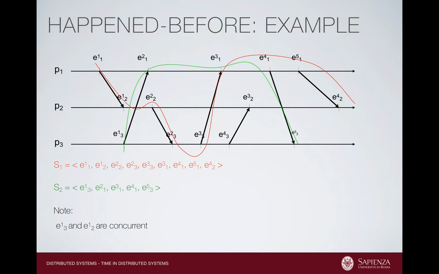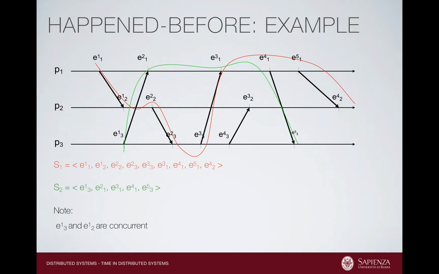You can see that we draw two lines, the red one and the green one, and every event on the red line is connected by a happened before relationship, and also every event on the green line is connected by a happened before relationship. Notice that we could draw other lines, for example a blue line, by intermixing these lines, and so this is just an example.